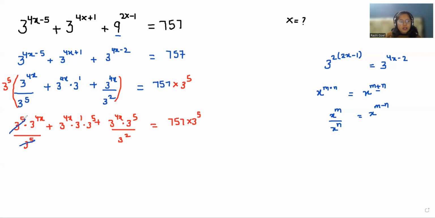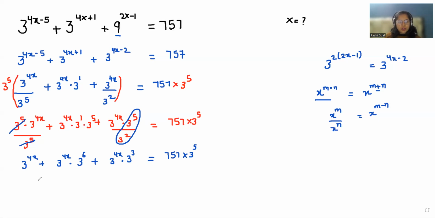Now we can eliminate this. So 3 power 4x plus 3 power 4x times, here we can add the powers in case of multiplication, so 3 power 1 plus 5 is 3 power 6, plus 3 power 4x times, here we can apply the quotient rule, so 3 power 5 minus 3 power 2 is 3 power 3, is equals to 757 times 3 power 5.